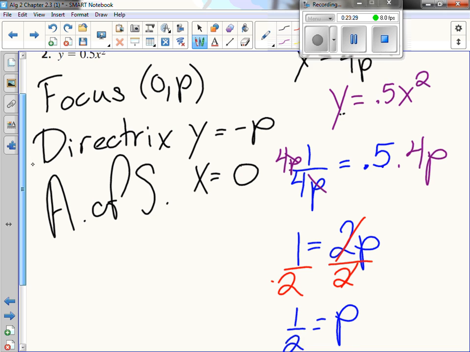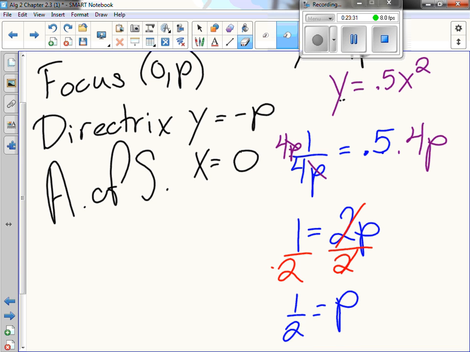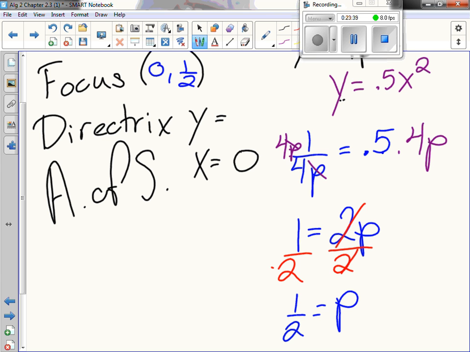So our focus is going to be (0, 1/2). The directrix is y equals negative p. Well, p is just 1/2. So we get y equals negative 1/2. And that's it.